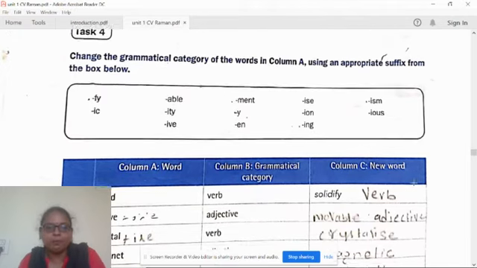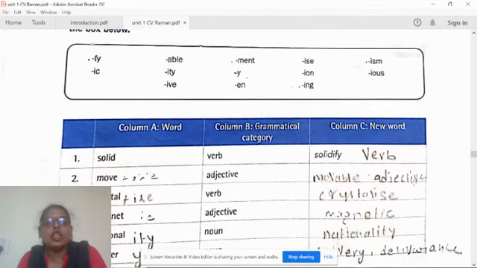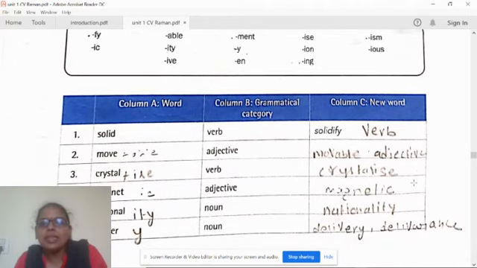Now let us see. First word, solid. They asked us to change it into a verb. And how can we change it? By adding ify, solidify. Solid has been changed into a verb by adding ify, solidify. Now move, adjective. They're asking us to change this verb into an adjective.